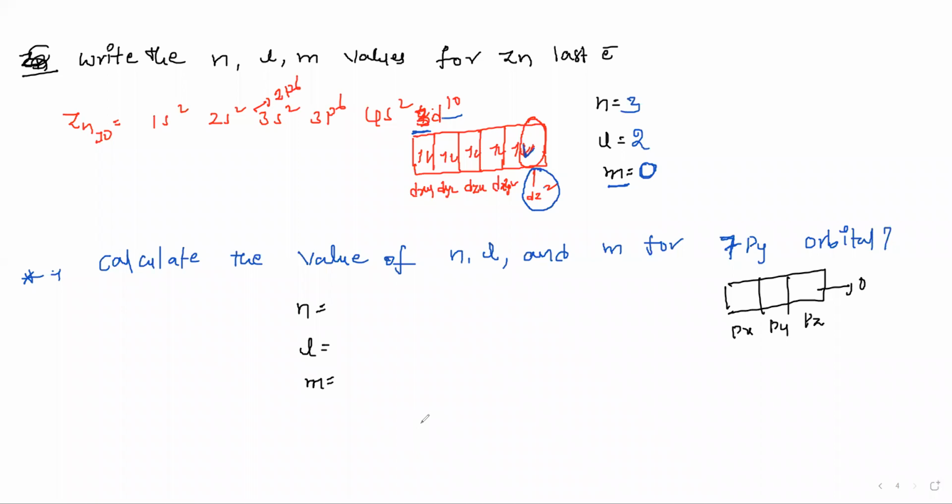Vaibhav Surya, N is equal to 2. Total values write down now. What about the M value there? M value?